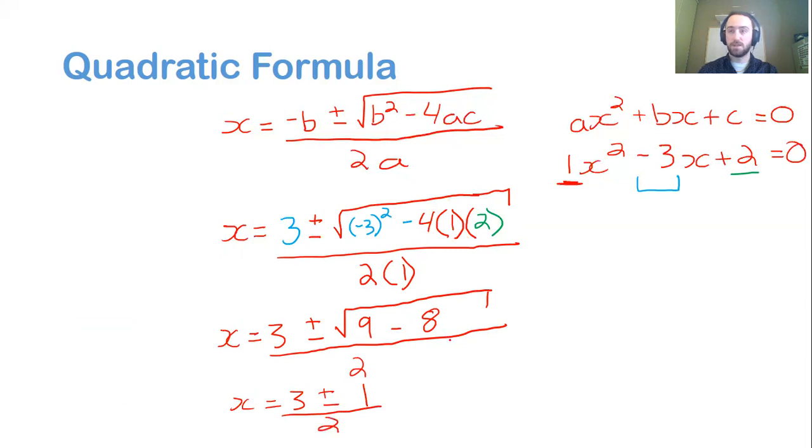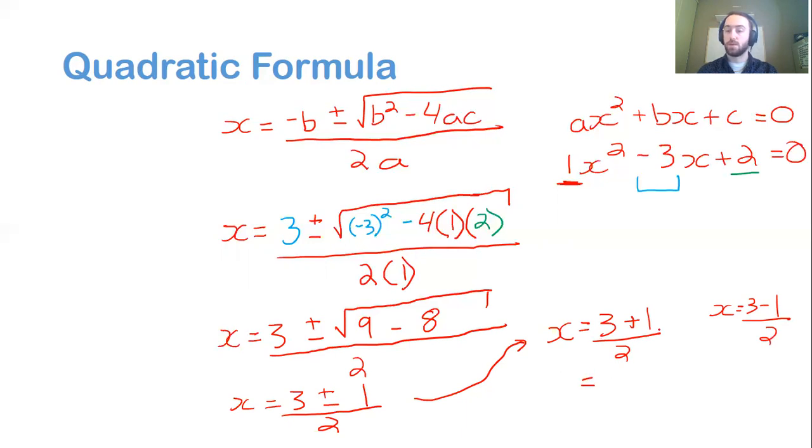So 9 minus 8 is 1, and the square root of 1 is still 1. The fact that we have plus or minus means we're going to have two situations: the first being plus, so 3 plus 1 divided by 2, and the second being minus, 3 minus 1 divided by 2. This gives us our two solutions.